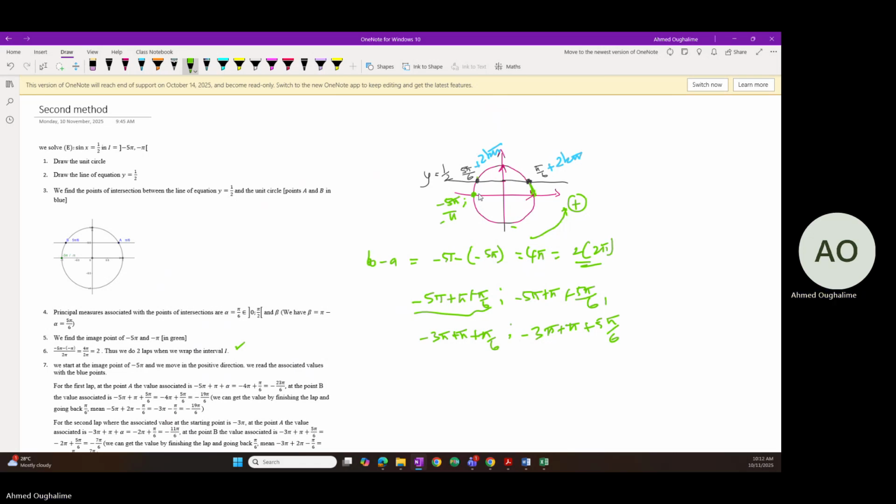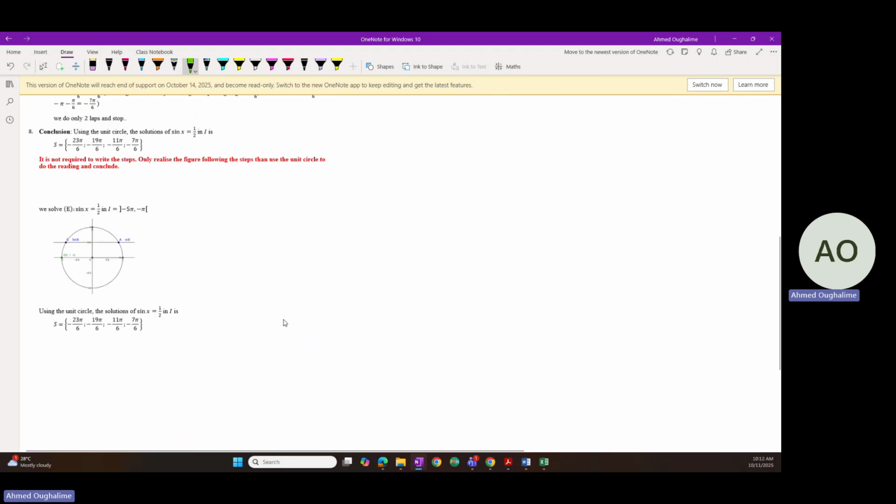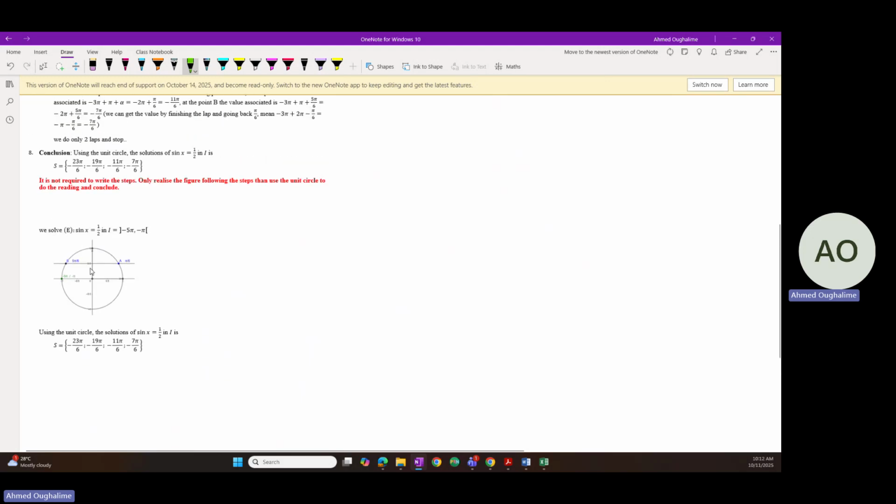I must stop. Then the solutions that I have at hand, how many do I have? 1, 2, 3, 4. So I should simplify these numbers, of course. When doing the job with this method, we don't actually need to write all these details. This is what we expect from our students to write, to show us.